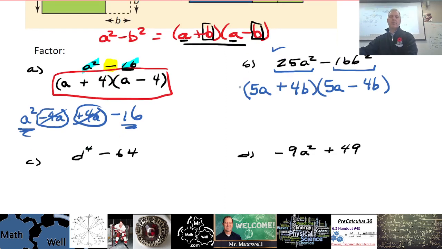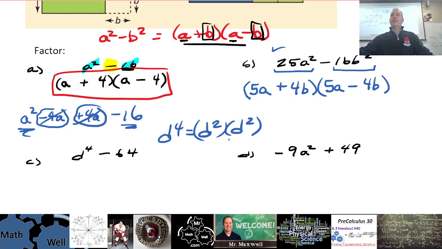Oh, this one, C. Ooh, this is tricky. It hasn't got a squared on it. It's got a d to the power 4. Is that a perfect square? Yeah. Is d to the 4th a perfect square? It is, because what you want to remember is, for perfect squares, do they have two identical factors? And d to the 4th power has two identical factors of d squared.